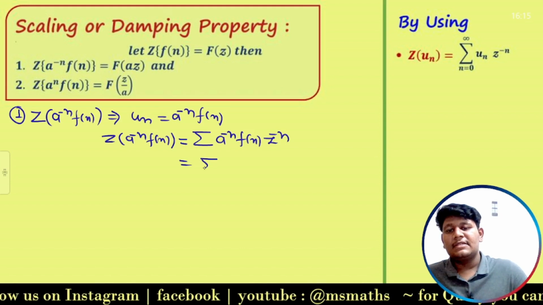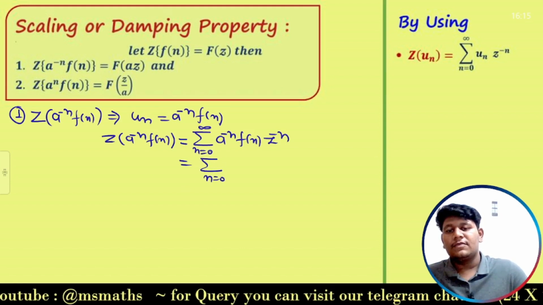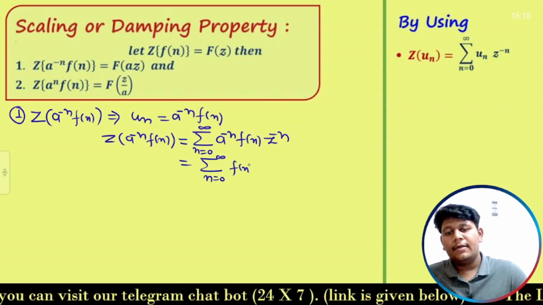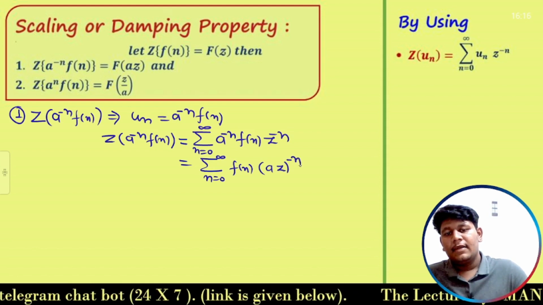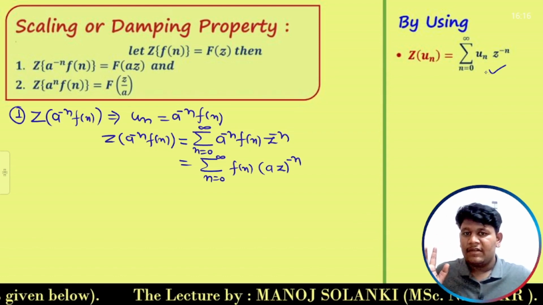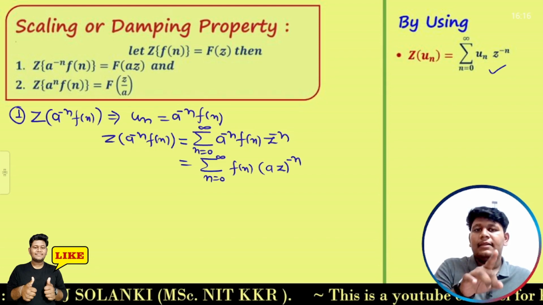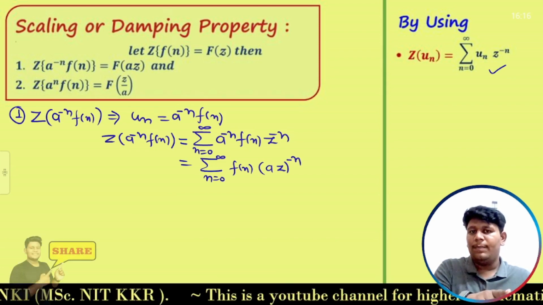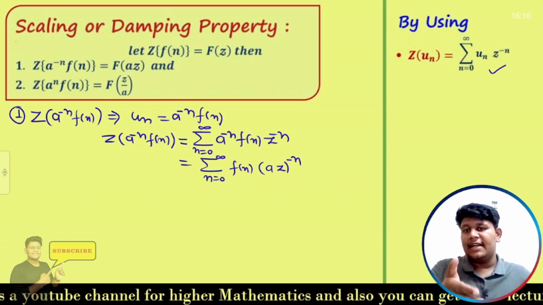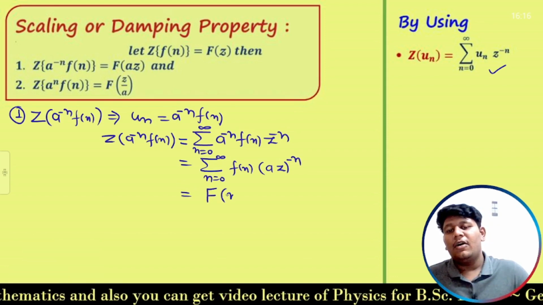I can write n equals 0 to infinity, and I can combine a power minus n and z power minus n. Now it is the transformation of u_n, and the function is only in the complex variable. It is the transformation with az in place of z, so basically this is the function of az.